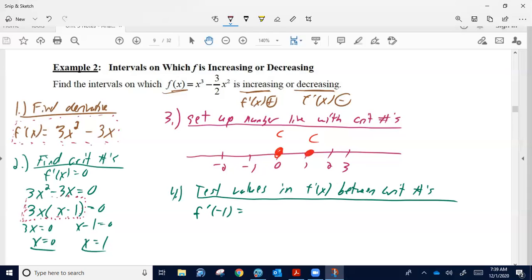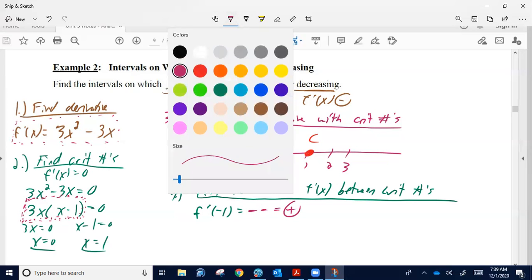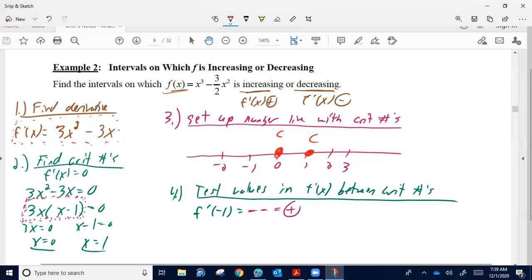I don't care about the number. What we care about is, is it a positive or negative number. So if I take -1 and I plug it into 3x, that's a negative. -1 minus 1 is a negative, which means this whole thing is going to be a positive. Again, that tells me that we are positive in this stretch before 0.